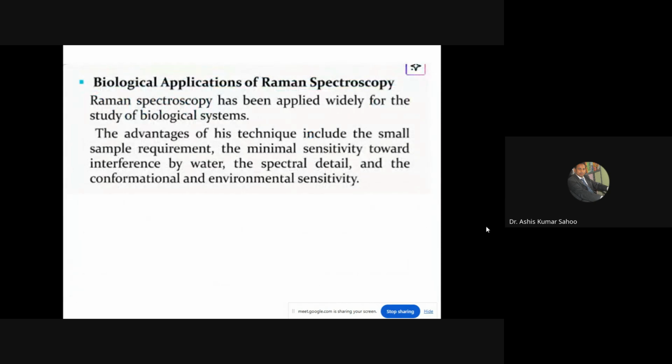Biological application of Raman spectroscopy. Raman spectroscopy has been applied widely for the study of biological systems.